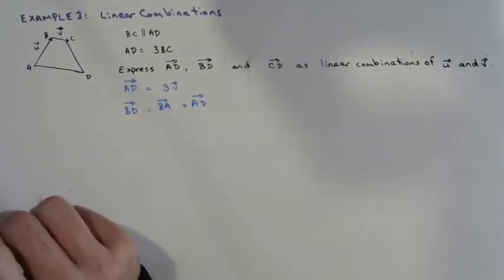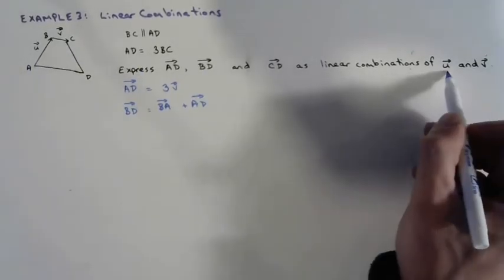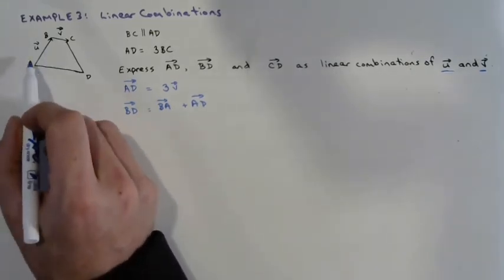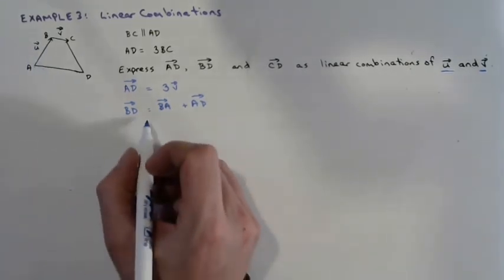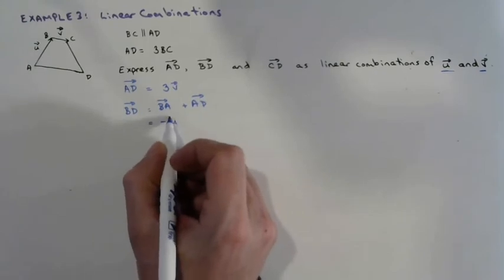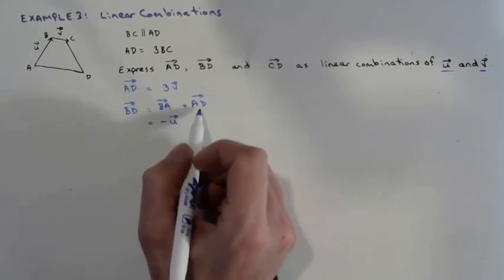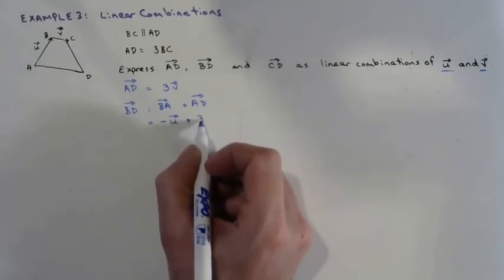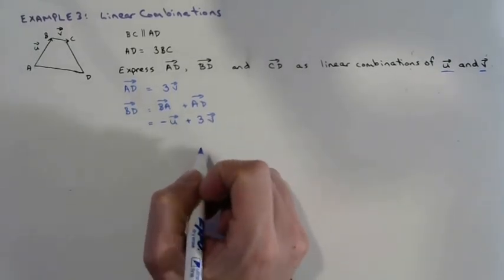That will get us there. But we need to express it in terms of U and V. Well, BA is the opposite of vector U, so that's negative U. And AD we already determined was 3 times vector V, so we're going to add 3V. And that is done.